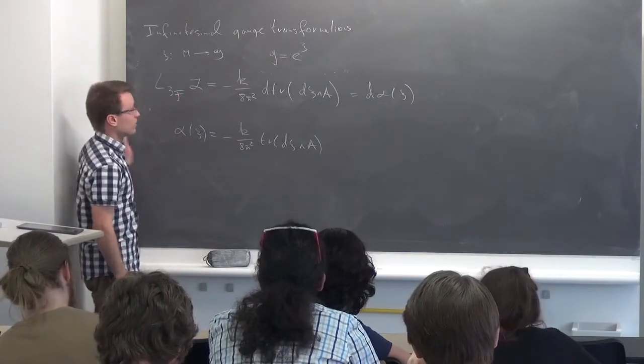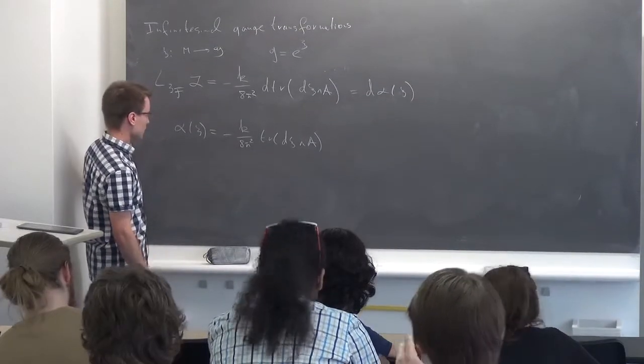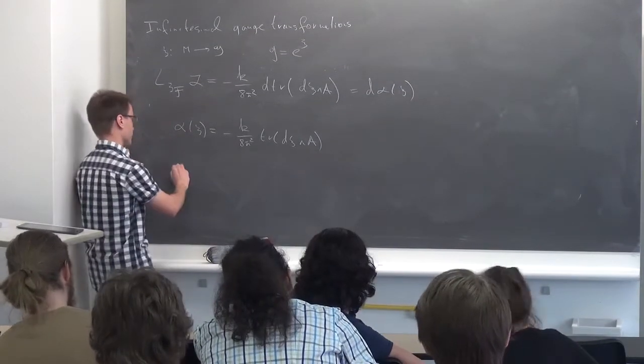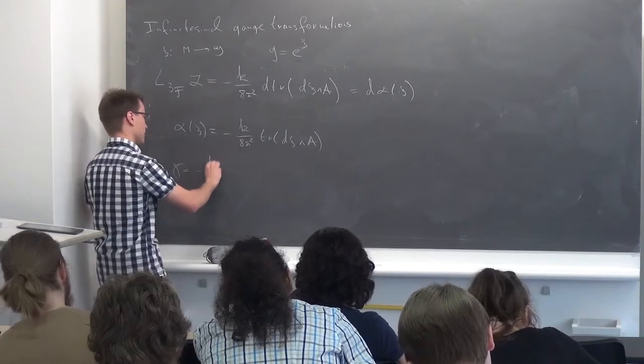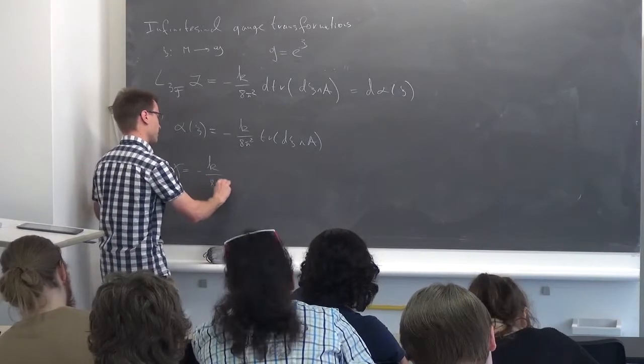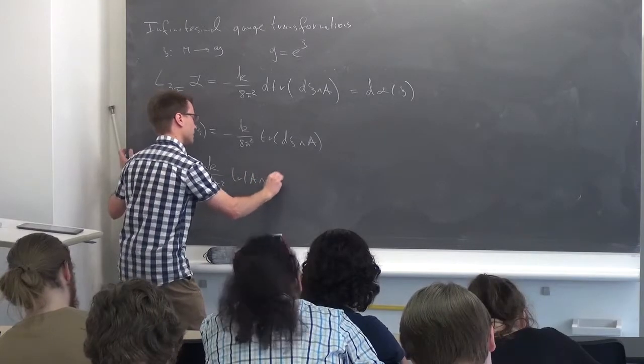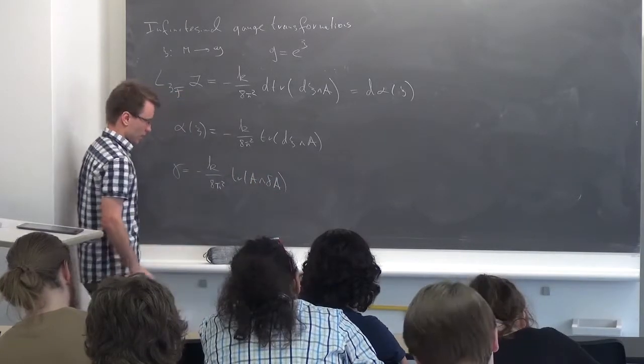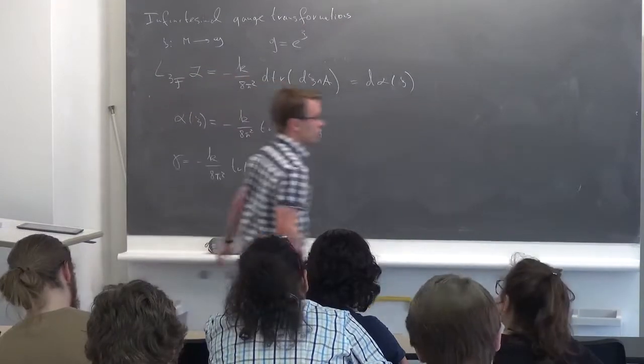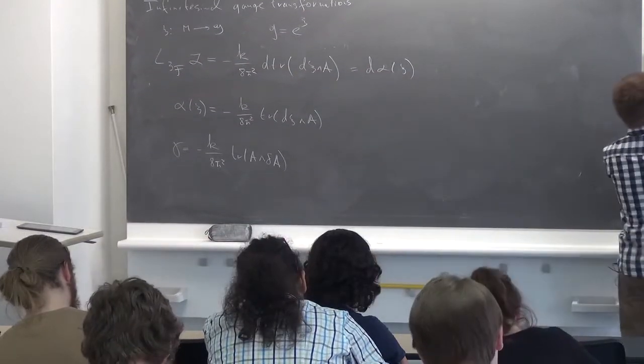Okay, and now let's derive the current. Let me also remind you of the gamma. Gamma was minus k over 8 pi squared trace A wedge delta A. Okay, so let's compute the current.